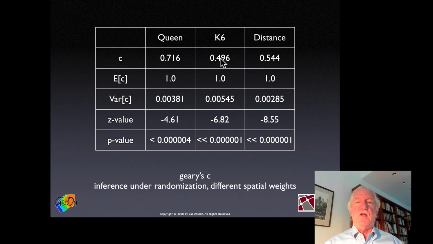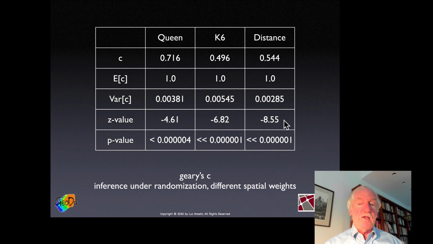Let's here again do analytical derivation. We have the Geary C for queen contiguity, 6 nearest neighbors, and a distance band. Keep in mind this is relative to 1, so less than 1 is positive spatial autocorrelation. The smaller it is, at first sight, the stronger. But remember, just like with Moran's I, we can't just focus on the statistic as such. We have to focus on what happens after we take into account the different variances for the different weights.